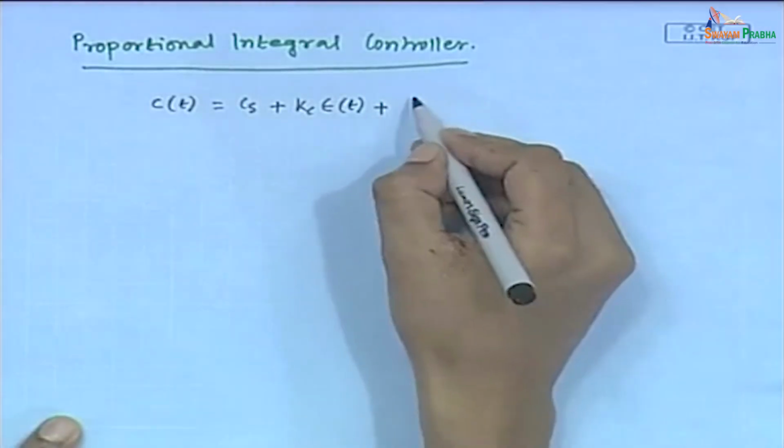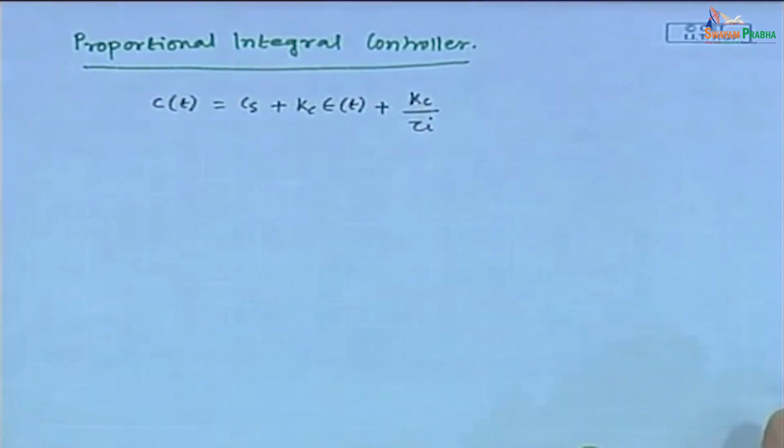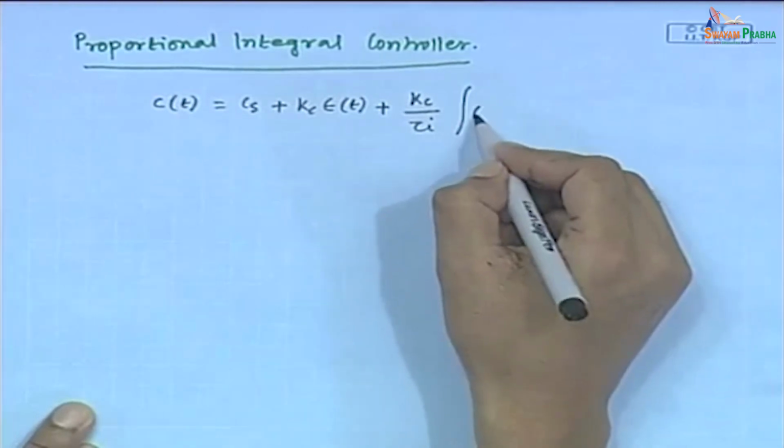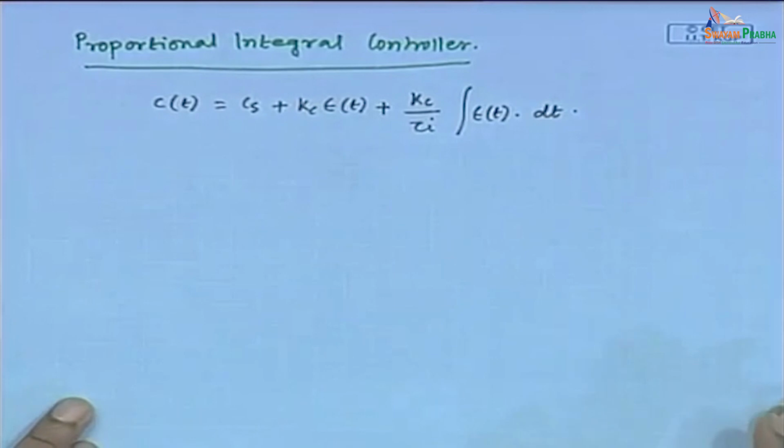Now, additionally we need to include the integral term with P only controller to obtain PI controller. That integral term is represented by Kc divided by tau I integration of error(t) dt.